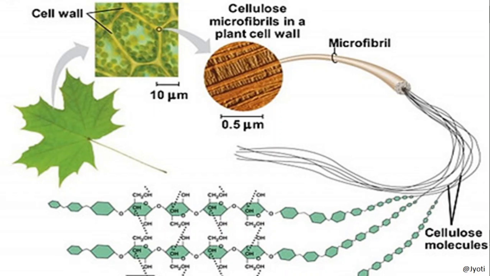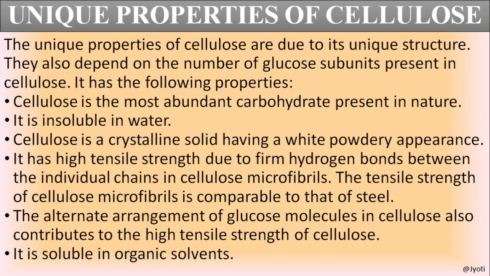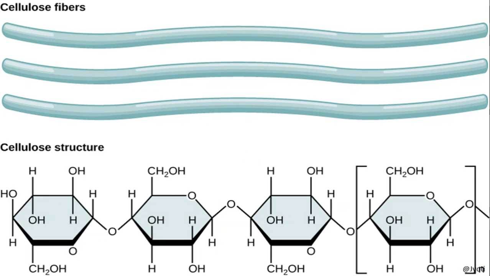In one row, if two bricks are kept side by side, then on the above row, the brick is kept just above the space that is present above the two bricks of the lower row. So exactly here the arrangement is like that. That's why it makes the cell wall stronger. So this is the cellulose fibril and this is the cellulose structure.